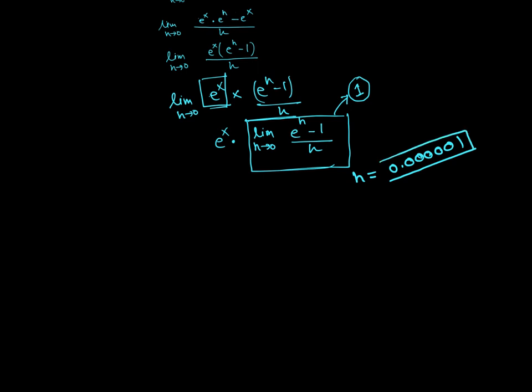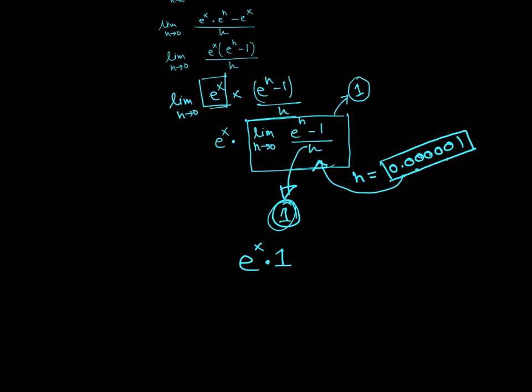So if you plug this in the calculator, and you have to put this exact value in e to the power h minus 1 divided by this exact value, you would get that this expression is approximately equal to 1. You would realize that whenever you put this thing in this expression, the result would be 1. So then you can say that the final answer is e to the power x times 1, and this is the derivative proof of e to the power x.